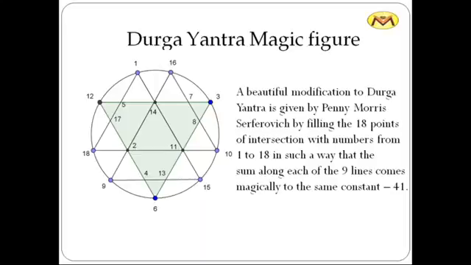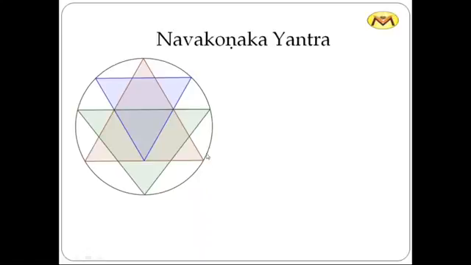It's very difficult to solve 9 equations with 18 variables. 9 equations and 9 variables would have been easier, but 9 equations and 18 variables is very challenging. We tried this for a day and could not succeed much, but at least we got some kind of hint which we used in the next yantra.